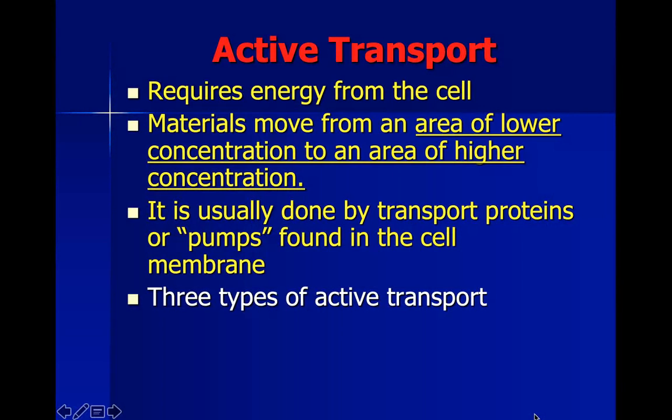How is it different? Look there on your screen, the first bullet point, underline it, circle it, put a mark next to it. Active transport requires energy from the cell. The cell must actually do something in order for active transport to take place.